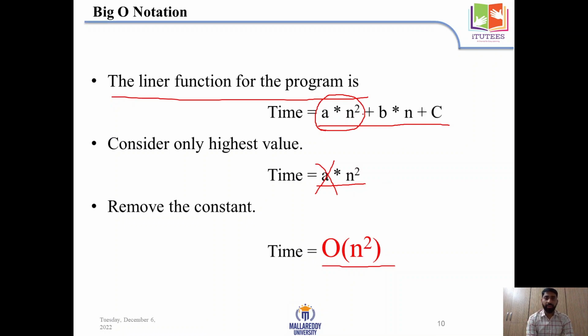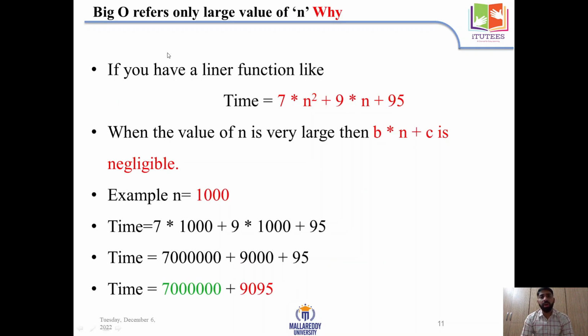Now let's see why we ignore b into n here. Big O refers only to large values of n. Why? Suppose you have a linear function like 7 into n square plus 9 into n plus 95. The 95 means the remaining instructions outside these for loops.